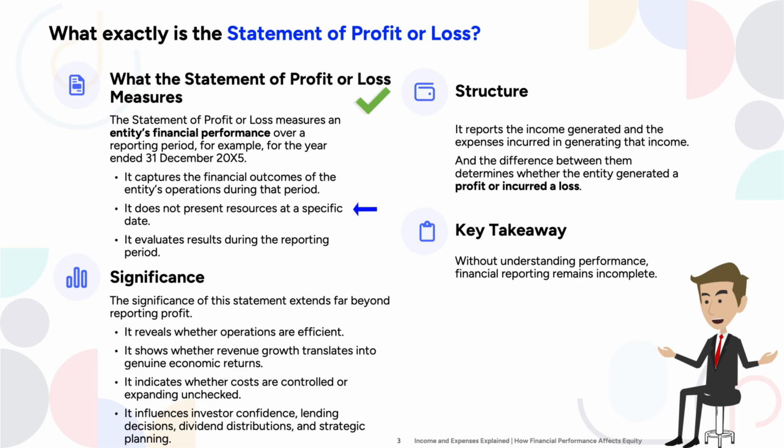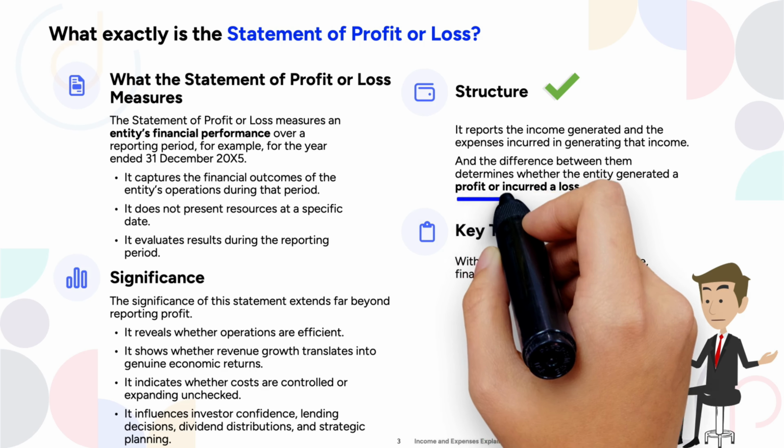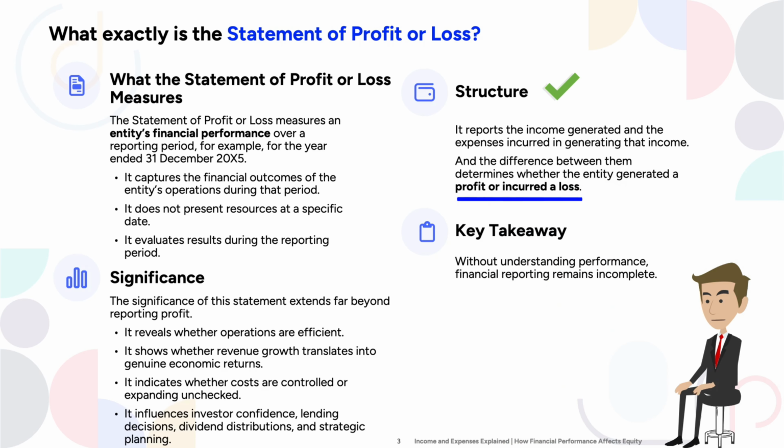It does not present resources at a specific date. Instead, it evaluates results during the reporting period. It reports the income generated and the expenses incurred in generating that income, and the difference between them determines whether the entity generated a profit or incurred a loss.